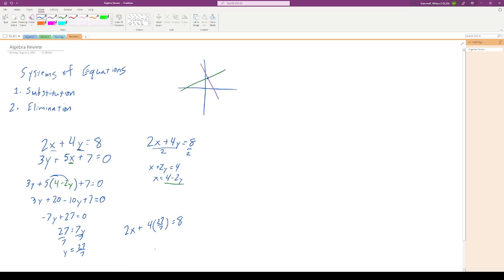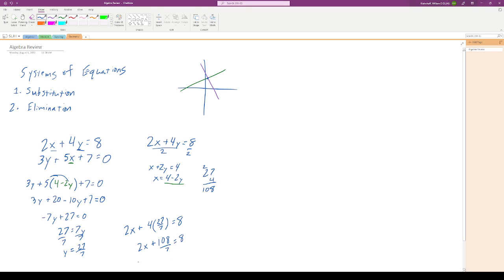So 4 times 27 over 7, that doesn't simplify at all. So we just have 2x plus 4 times 27 is going to be 108. So 2x plus 108 over 7 equals 8.